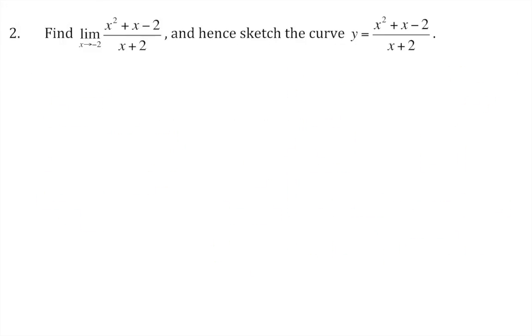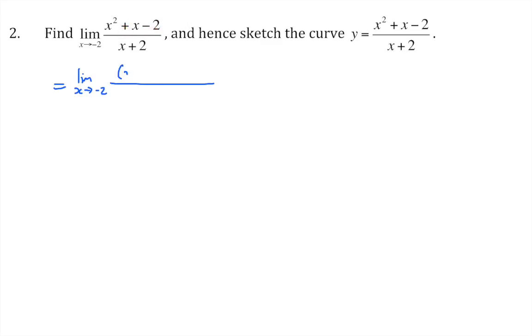The next one, if I let x equal minus 2, I get minus 2 plus 2 on the bottom of the fraction. I get divided by 0 here, so I can't let x equal minus 2 yet. I have to factorize. So we're going to look at that limit and then sketch this curve, which is the same without the limit there. Let's see what happens with our limit. I keep the limit as x approaches negative 2. Now, the top of the fraction is a quadratic. What two numbers times to give negative 2 and add to give 1?